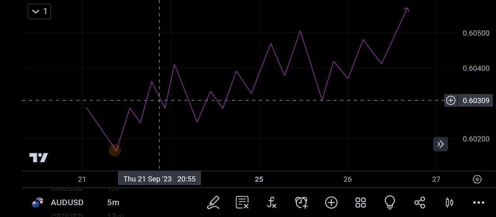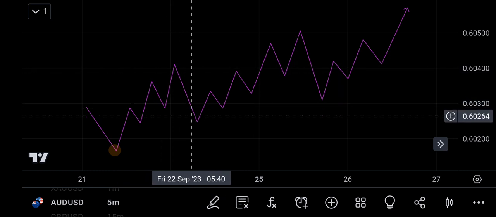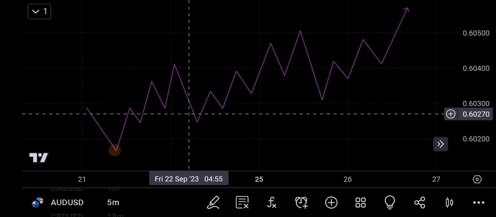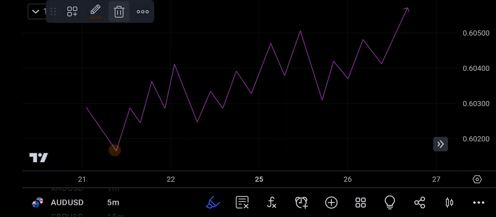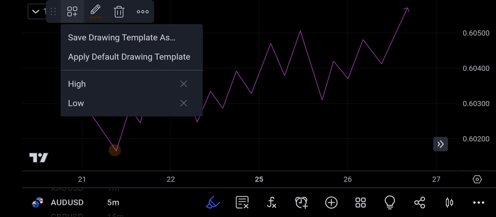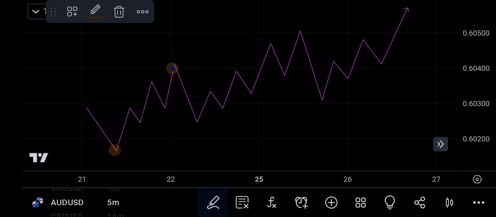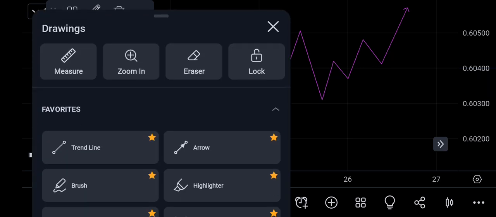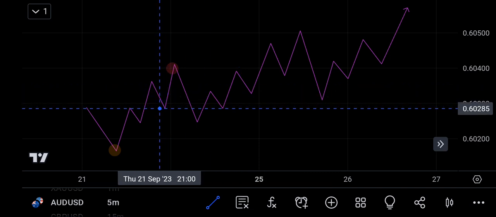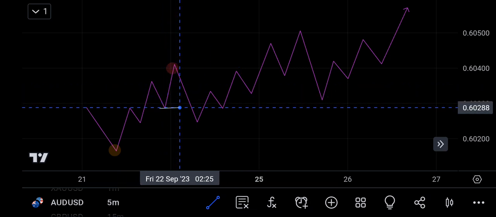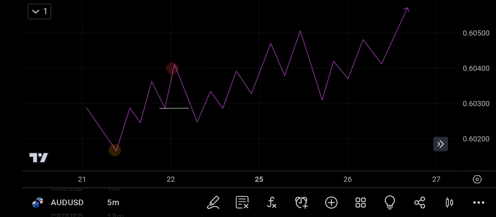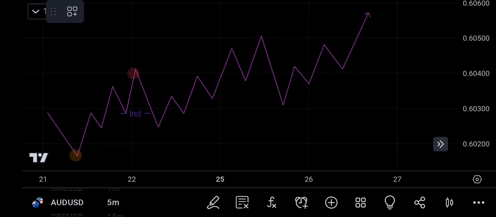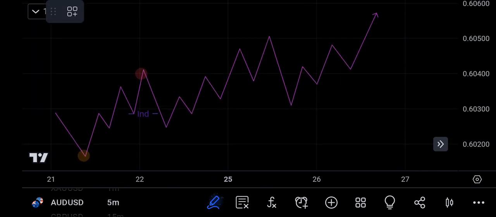Since this high led to the move that took out the most recent pullback, that high becomes our swing high, and the most recent pullback is now called inducement. So what does the market do?